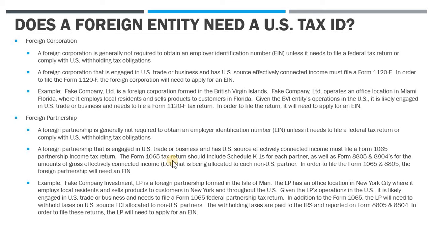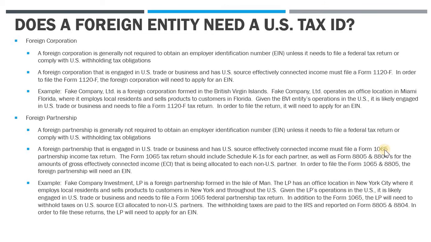The Form 1065 needs to include, obviously, all the required schedules that go with the 1065, including Schedule K-1s for each partner. And then, if you have foreign partners in that partnership, so non-residents, the foreign partnership, in addition to the 1065 filing, needs to include 8805 and 8804s for all the foreign partners.